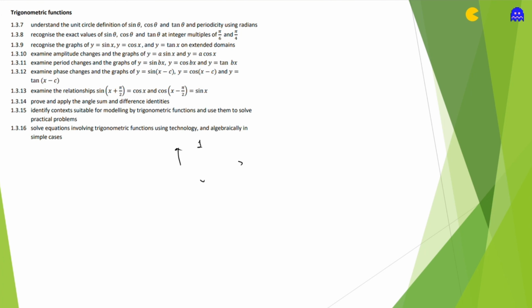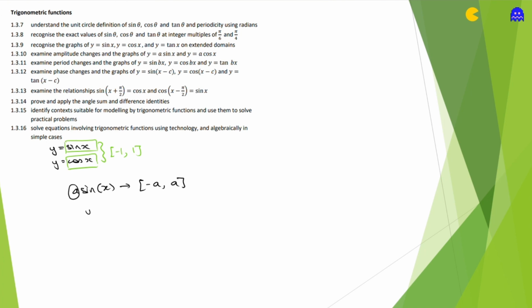If we look at the equations associated with those graphs, we have y equals sine x, and we have y equals cos x, and these functions will be bounded by 1 and -1. So they will be from -1 up to 1. And if we consider these functions as bounded by -1 up to 1, we can also introduce an a out the front, and this a will cause the bounds to be adjusted to -a up to a.